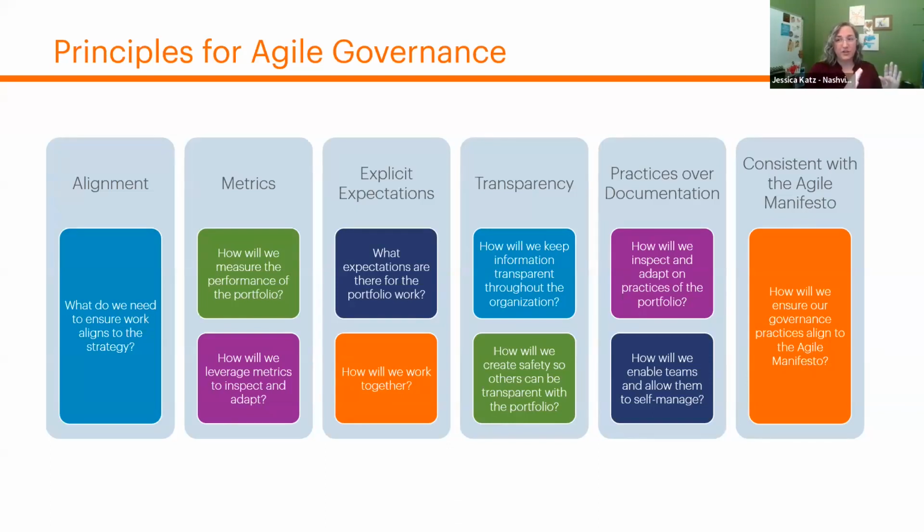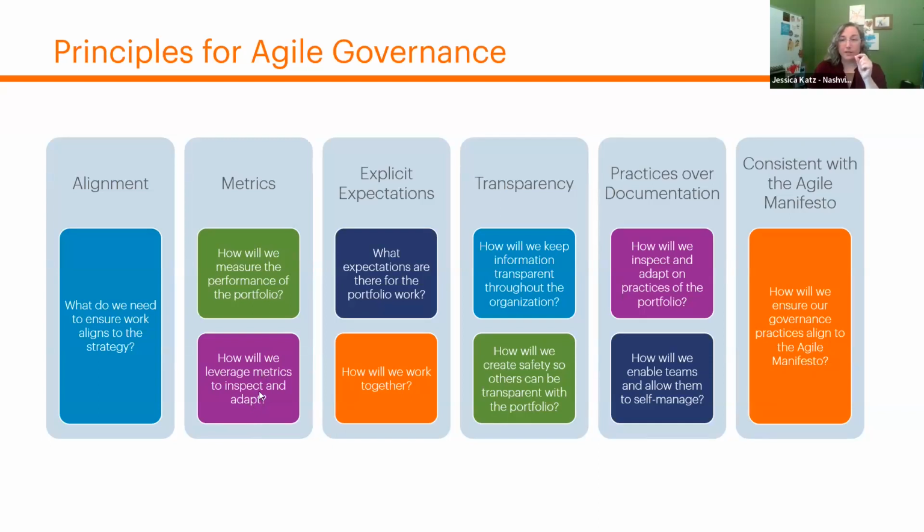And that's not just vision and direction of the products we're delivering or the value we're trying to deliver, but also what the company is trying to be, what the company's culture is, and if the company was a person, what would that person be? And that's another aspect to this that we don't often talk about in these spaces. So metrics really is this one angle on governance, which is how will we measure the performance of the portfolio and how will we leverage metrics to inspect and adapt?